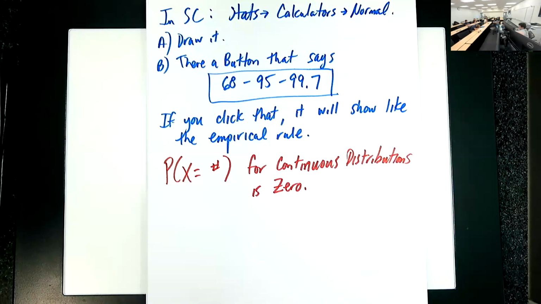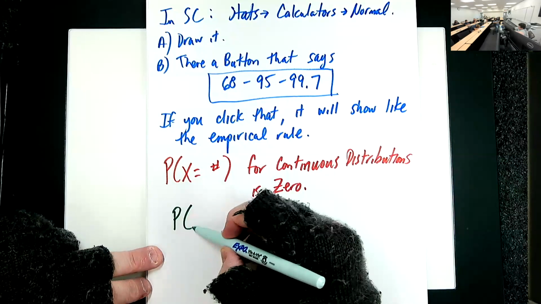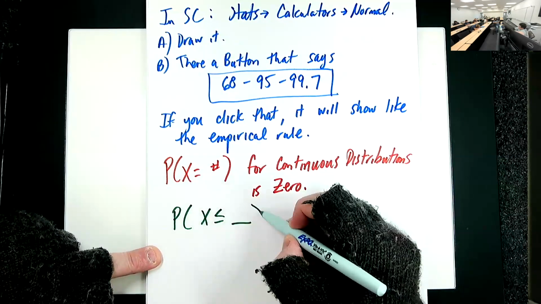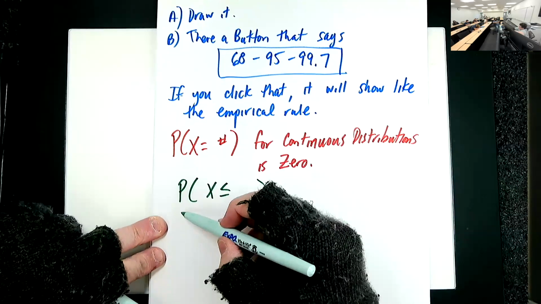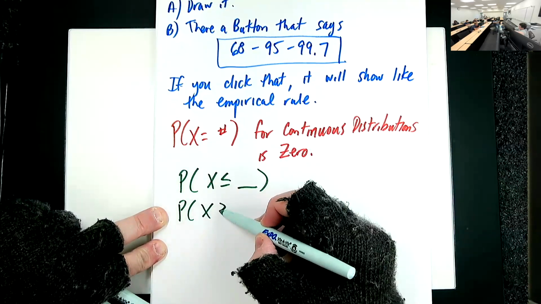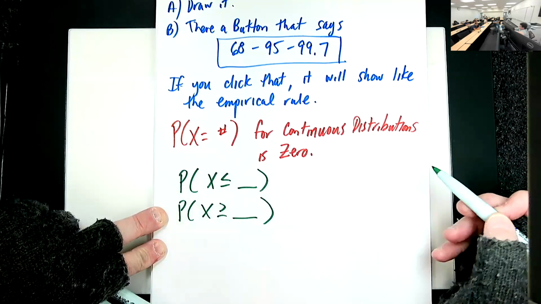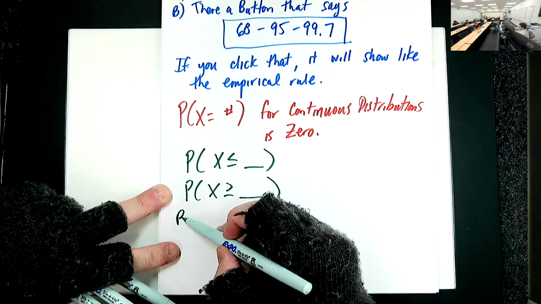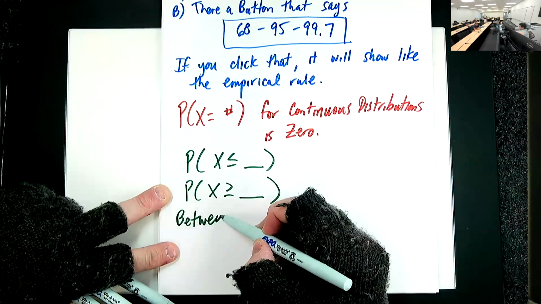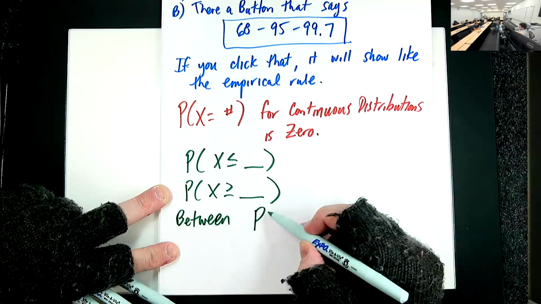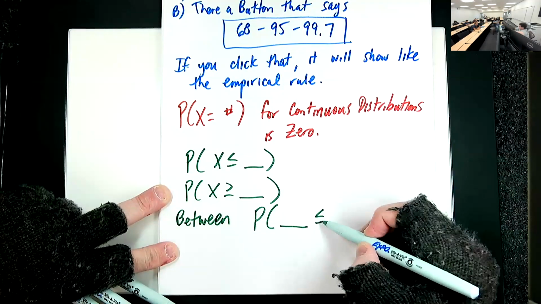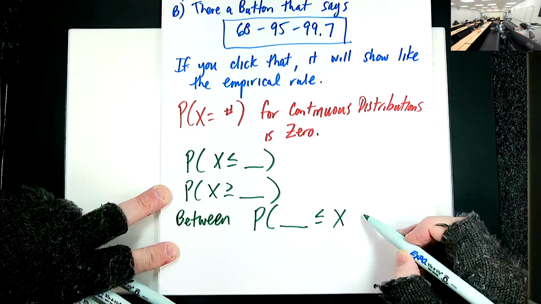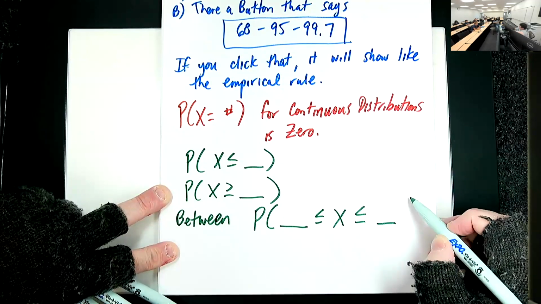So you only have three options. In a normal calculator, you can do the probability that X is less than or equal to something, the probability that X is greater than or equal to something, and then there's a between option, where the probability is that some number is less than or equal to X, which is less than or equal to another number.